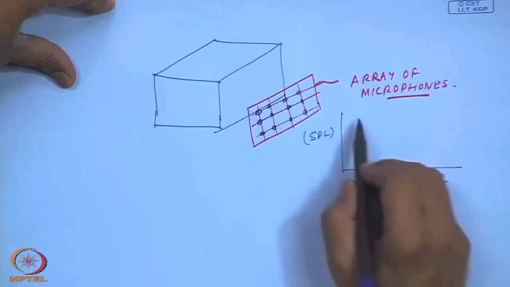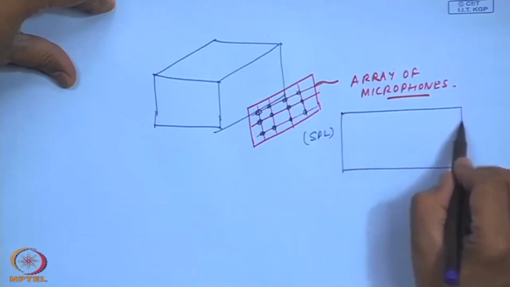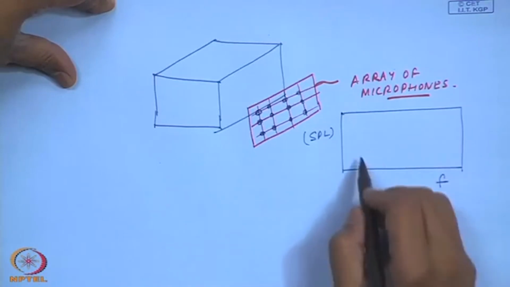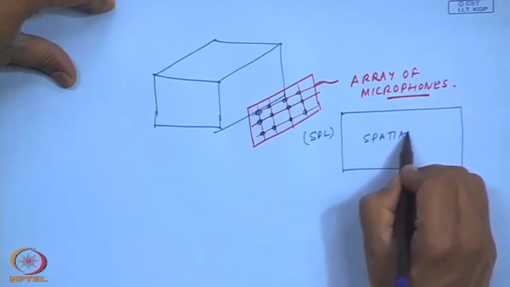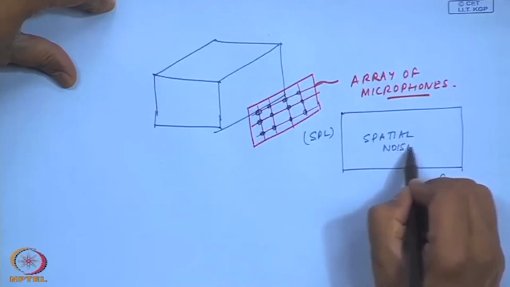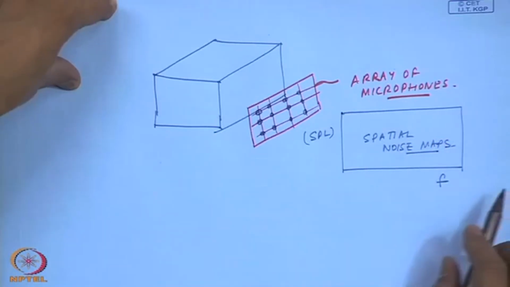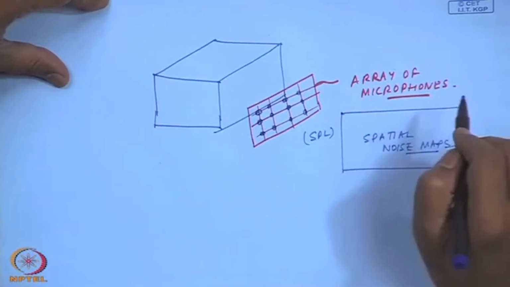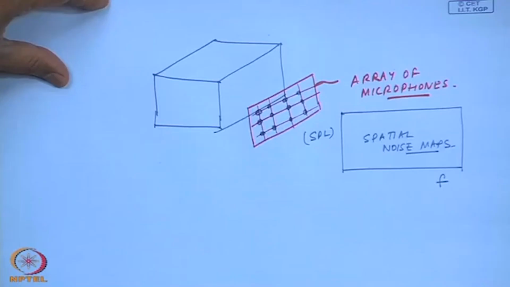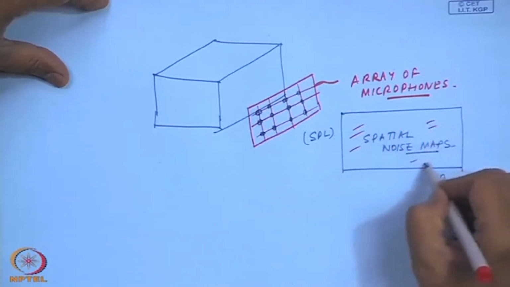okay, for every frequency I can get some maps, spatial noise maps. Okay. And because these are non-stationary, these maps are going to change. These maps are going to change. Okay.